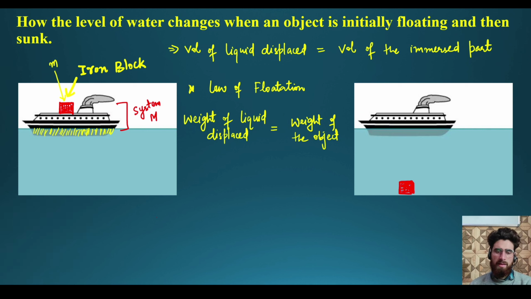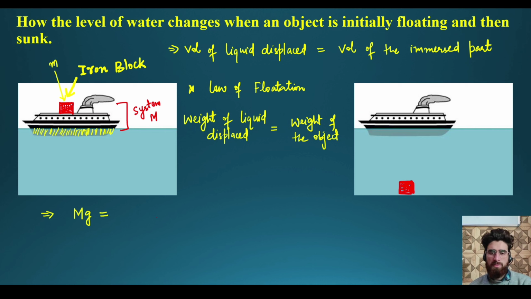Okay, now let's move forward. I can use the formula for weight. Weight is mass times acceleration due to gravity. So the weight of the total system, capital M times g, is going to be equal to the weight of the liquid displaced.